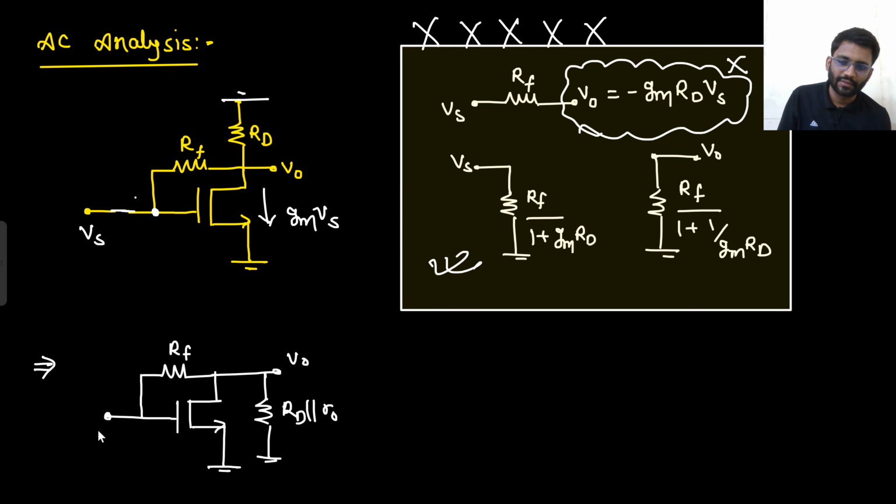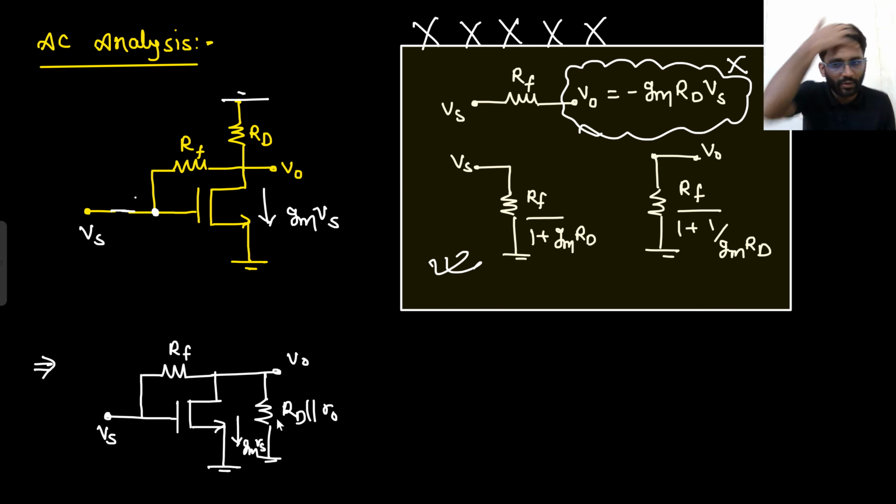This is your Vs. And the current flowing here would be gm into Vs. That current will go through RF as well as through RD parallel R0. So what you can do is apply nodal analysis and then find the final answer.